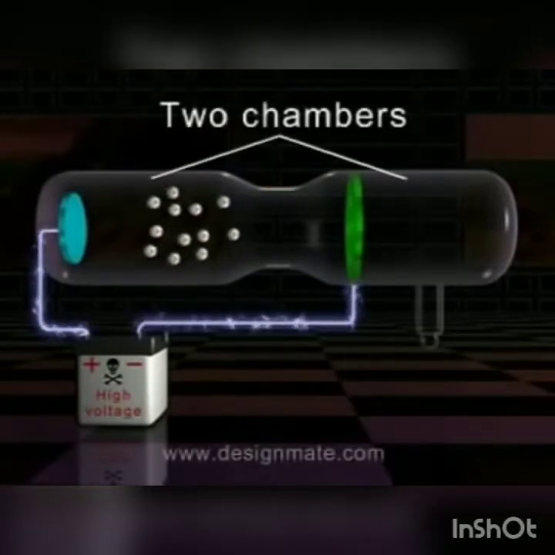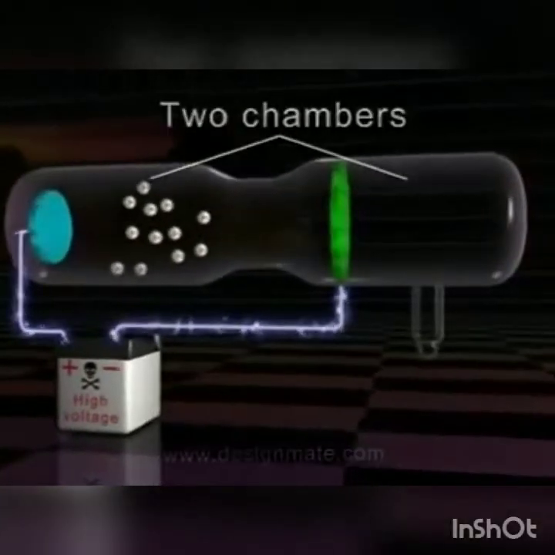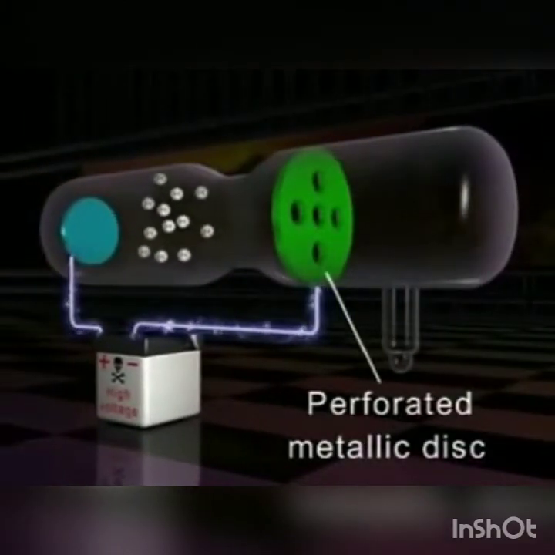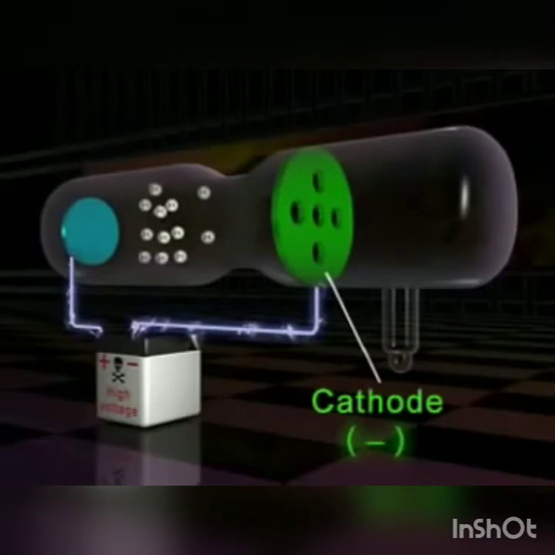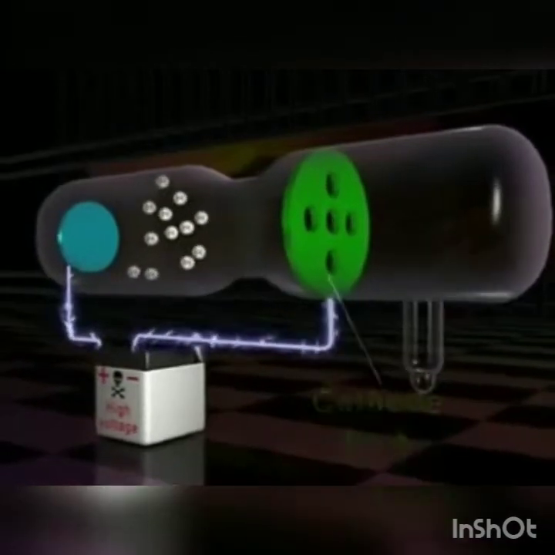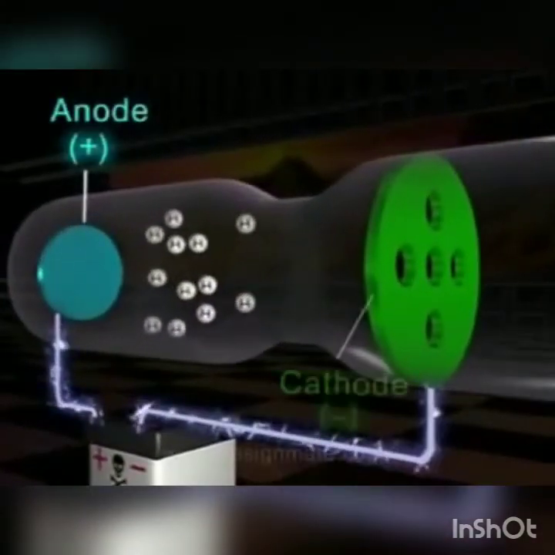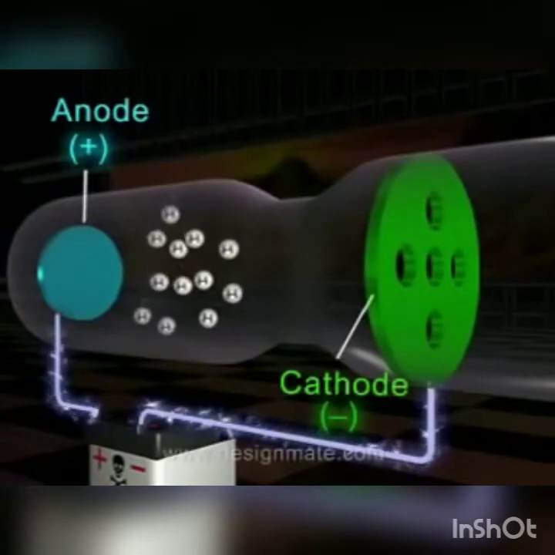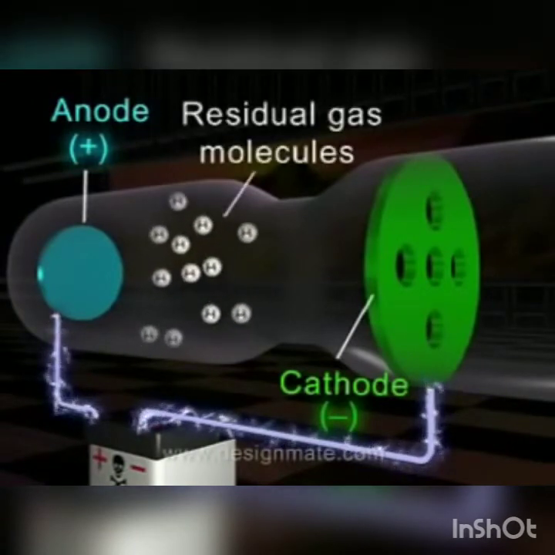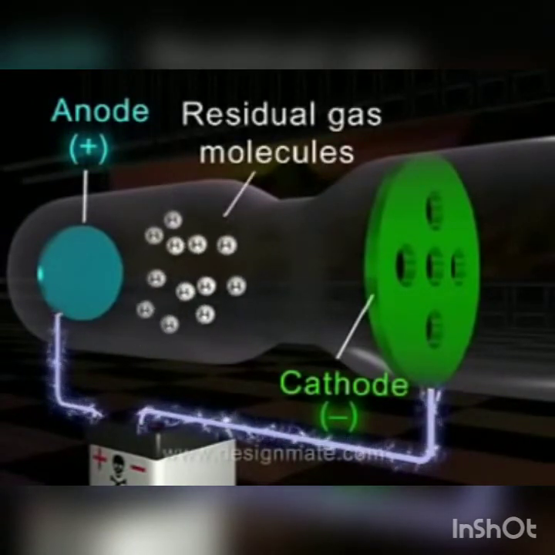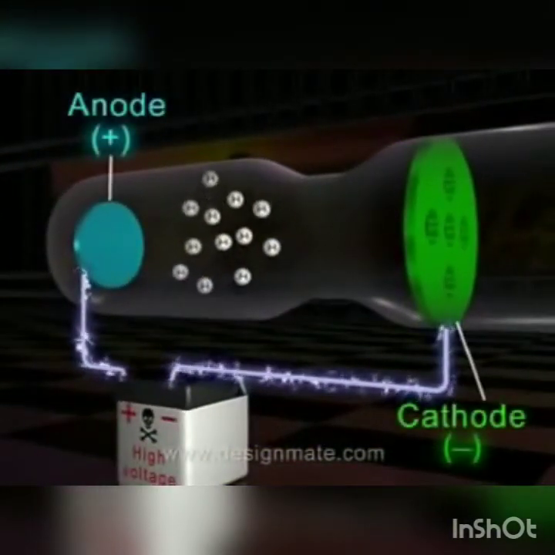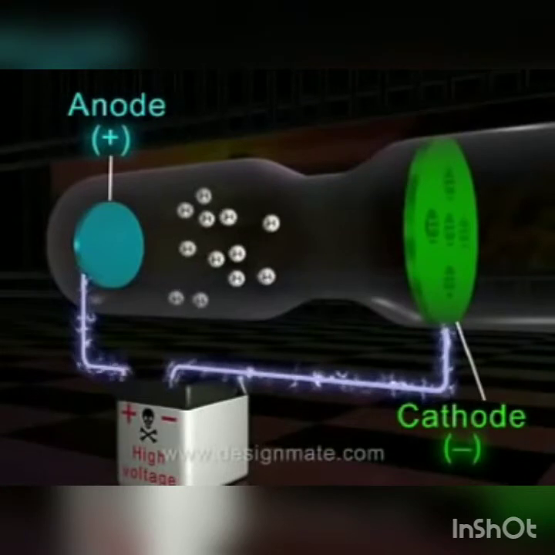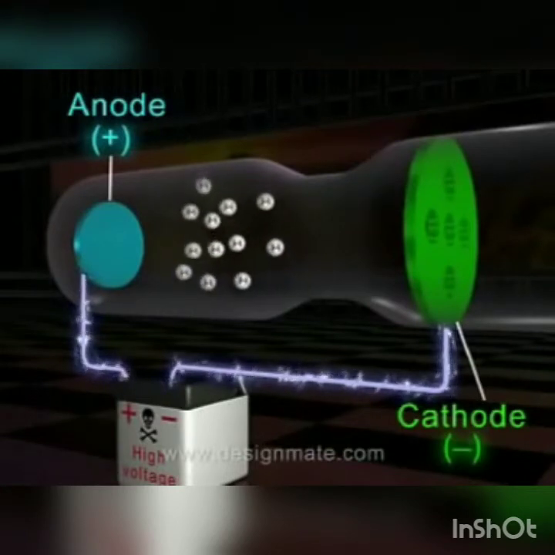These tubes usually have two chambers, which are separated by a perforated metallic disc that serves as the cathode of the discharge tube. The space between anode and cathode of the discharge tube contains a small number of residual gas molecules. The anode and cathode are supplied with high voltage.